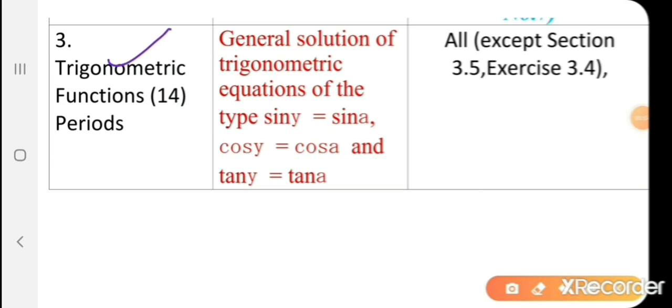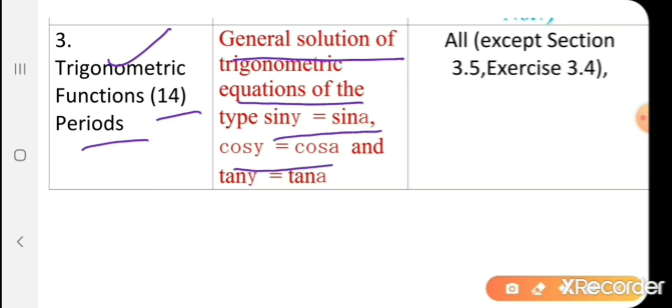In chapter 3, trigonometric functions, we have to finish within 14 periods. Not included are the general solutions of trigonometric equations, of the type sin x = sin alpha, cos x = cos alpha, tan x = tan alpha. We have to read all except section 3.5 and exercise 3.4.